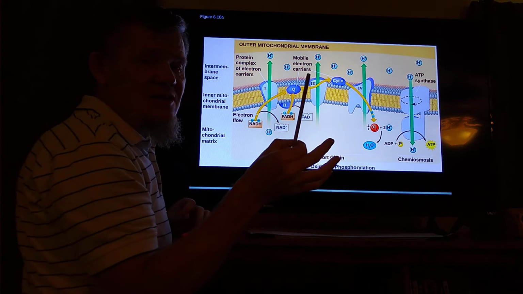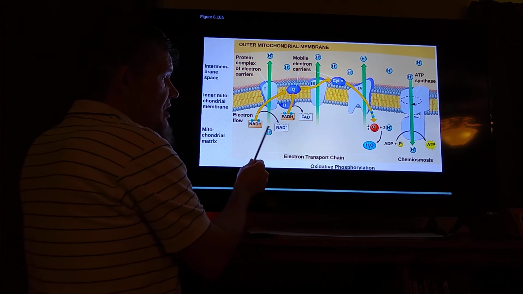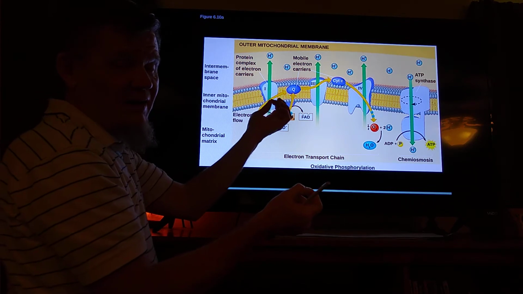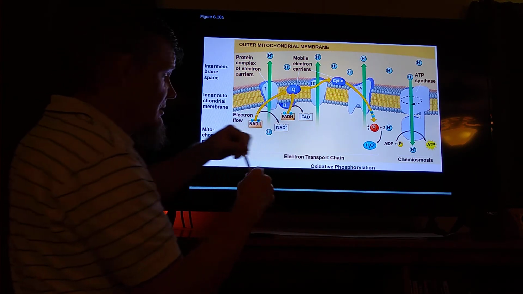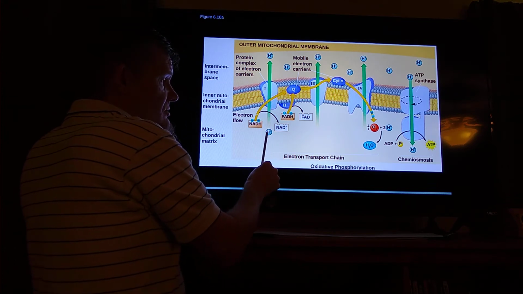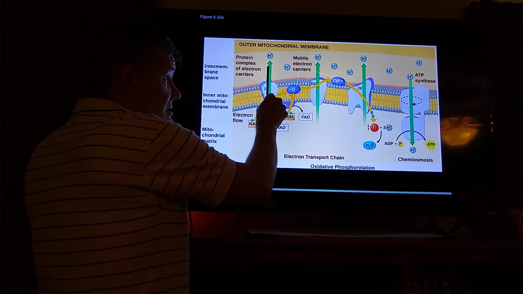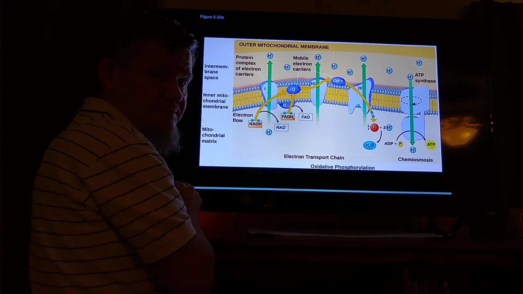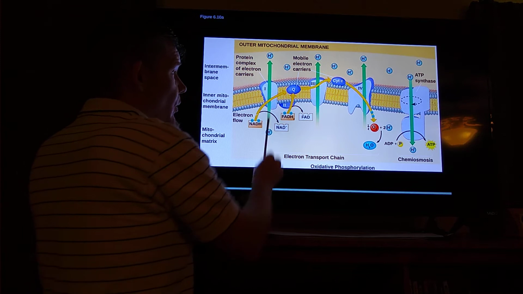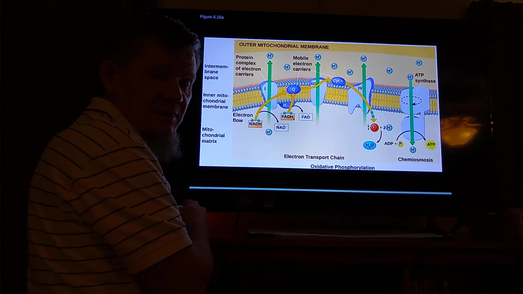At certain stages, the energy in those electrons will be used to take hydrogen ions that were made by ripping electrons off of the sugar molecules and shove them into that intermembrane space. The energy carried by NADH is enough to shove 1, 2, 3 hydrogen ions into the intermembrane space.